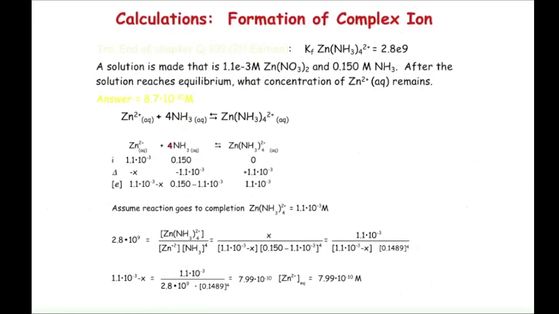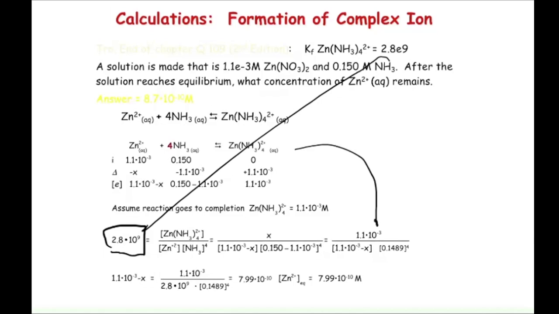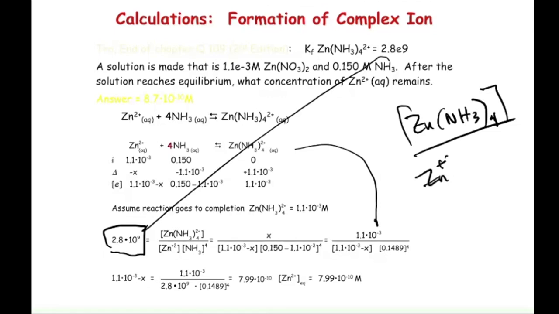This right here is the mass action expression. This is Kf, and it's this expression right here: zinc NH3 4 over that concentration, over zinc plus 2 times NH3 to the fourth.